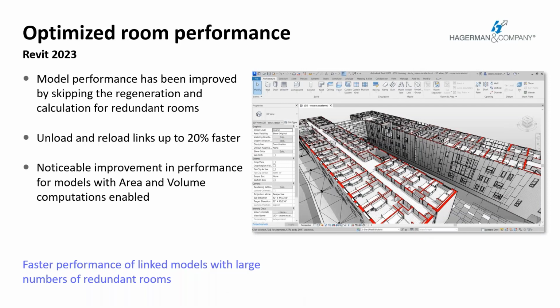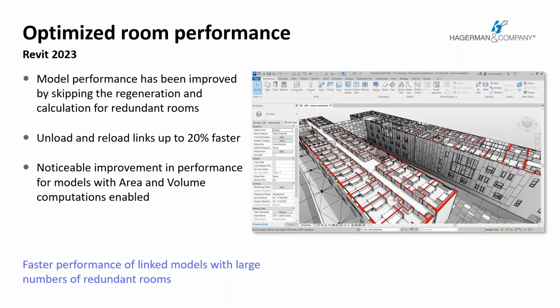Revit 23 enhances the model performance by skipping the regeneration and calculation of redundant rooms. This change improves the processing of linked files, operations anywhere between 15 and 20% for models with a large number of room objects.